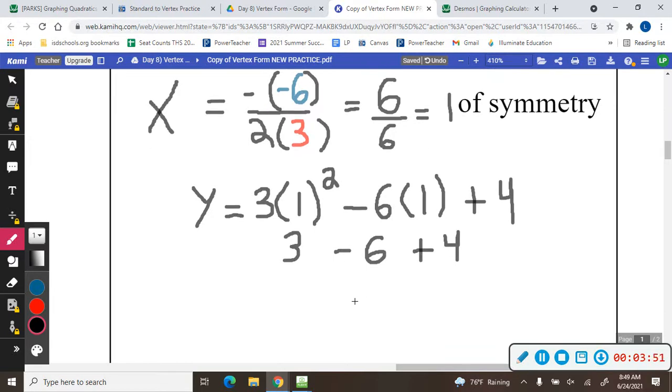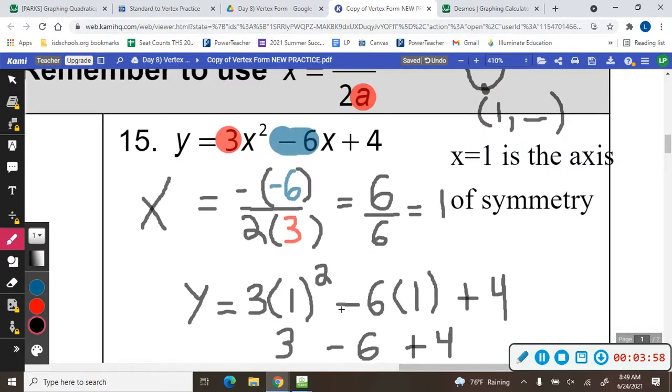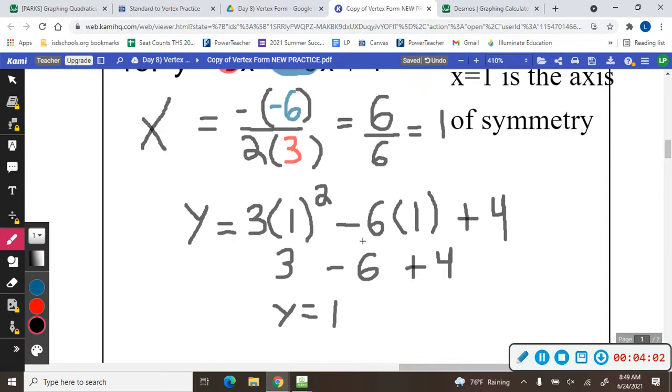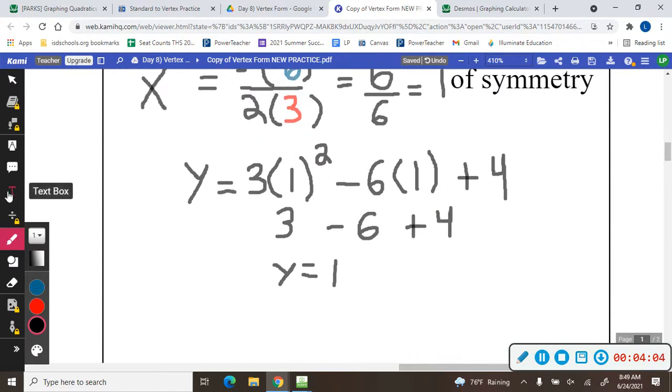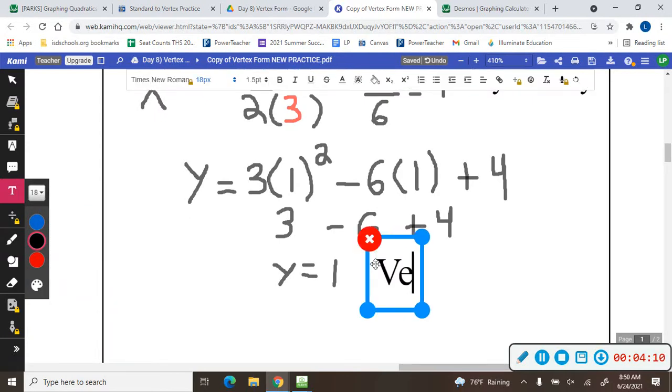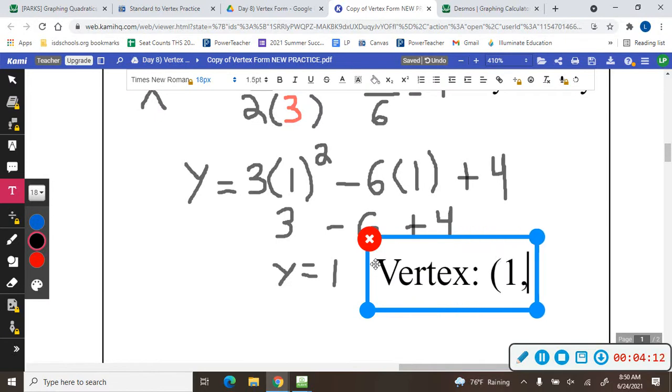Negative 3 plus 4 is 1. So I just got y is 1. That means that this number right here is 1. So now I can say my vertex is 1, 1.